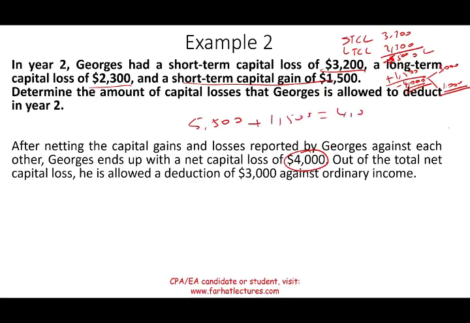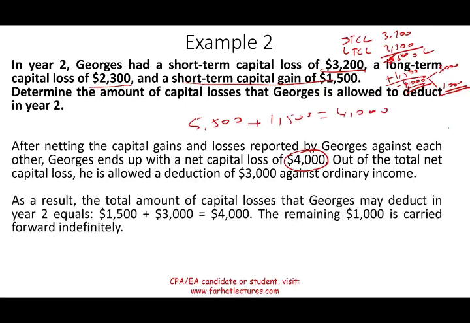What can we do with this $4,000? $3,000 of it can be used against ordinary income, and the remaining $1,000 is carried forward indefinitely. Now again, I did not cover this topic in depth because this just gave you a feeling of what needs to be done. But it's an important topic that's covered in much more depth in property transaction.